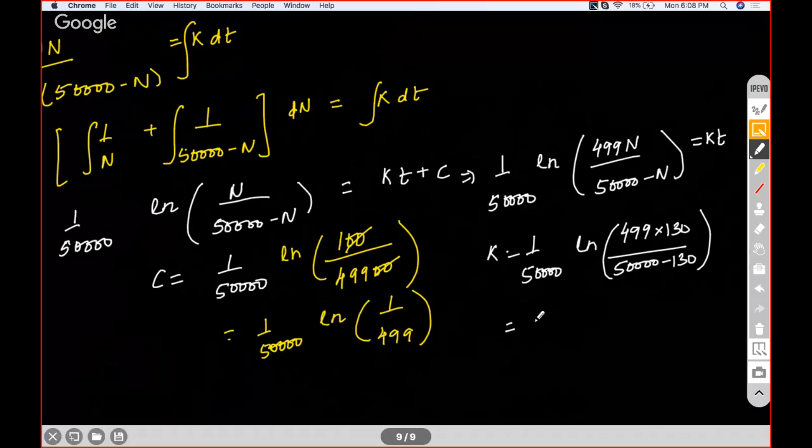At least this part I can say it's coming out to be 0.26, 9 by 50,000. We don't have to calculate the value exactly because we would need it over here again.